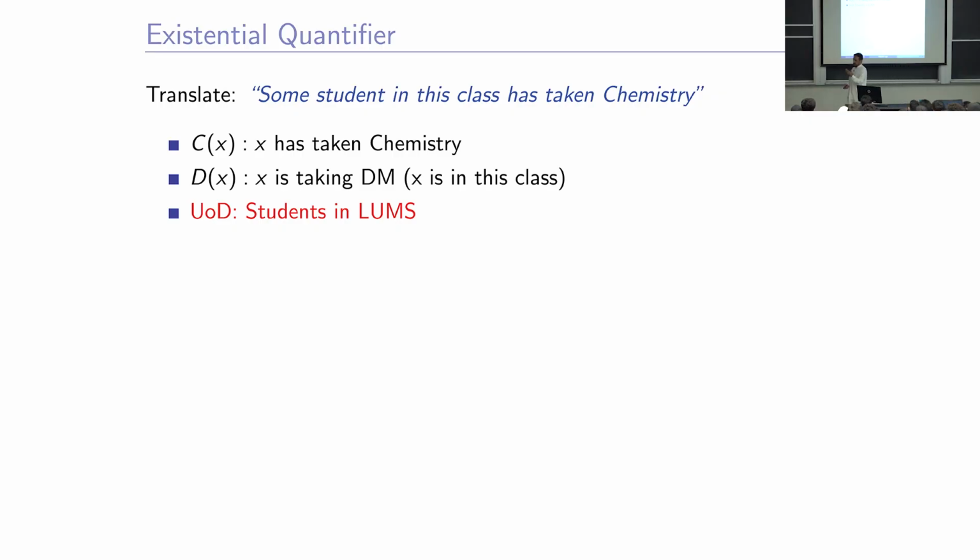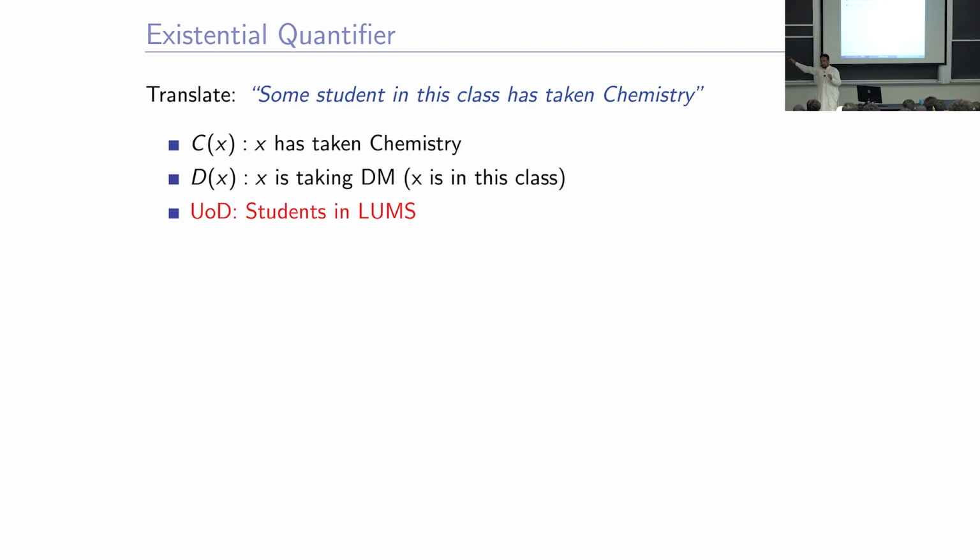Think of a person in business school who is not taking chemistry, or let's say anthropology, and who is not taking discrete math. But you made a statement: somebody in LUMS, if taking discrete math, then he or she has taken anthropology, right?